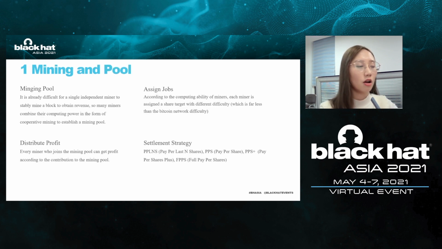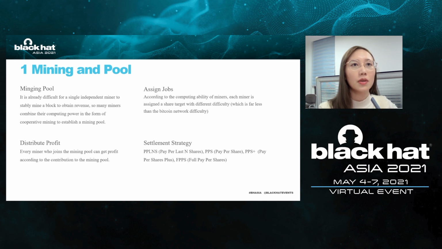With the increase of the number of miners and the improvement of the whole computing power of blockchain, it is more and more difficult for a single independent miner to mine a block to obtain revenue. So many miners combine their computing power in the form of cooperative mining to establish a mining pool. The mining pool will assign jobs to the miners who join it.